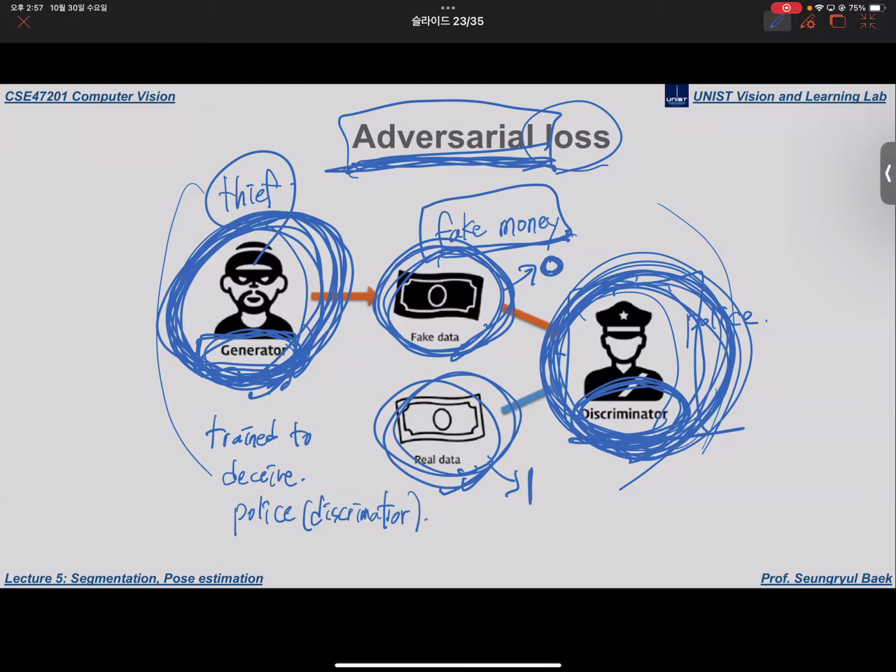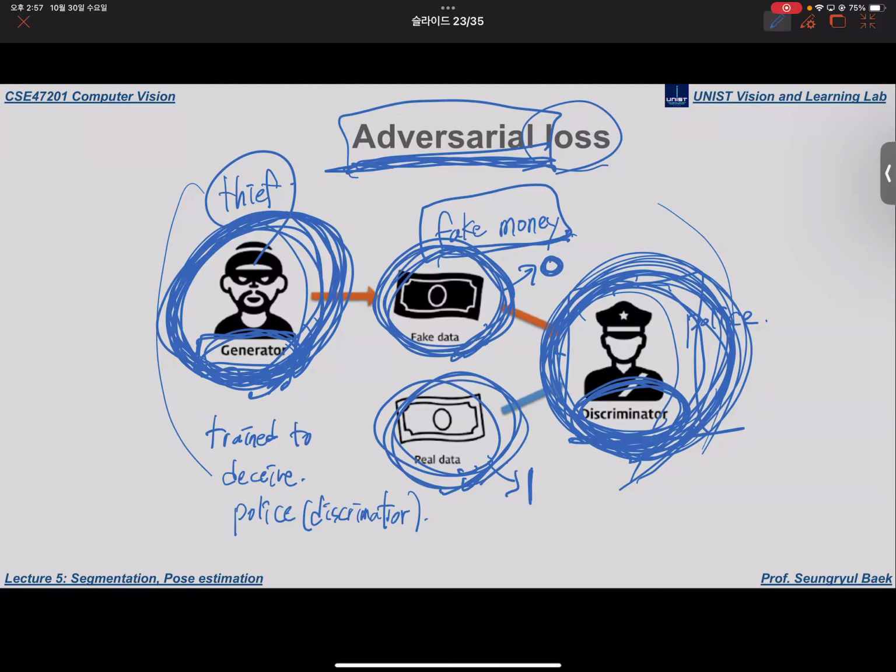This is similar to the real situation. The thief is trying to deceive the policeman, and the policeman tries to improve their ability to discriminate fake and real data.